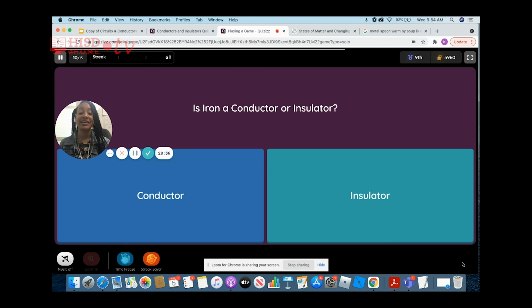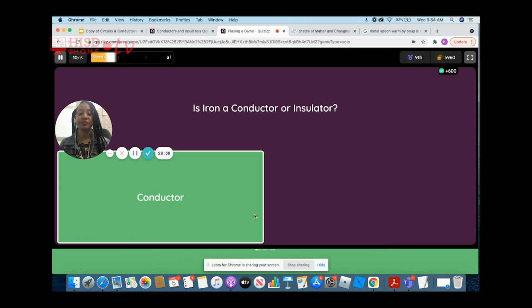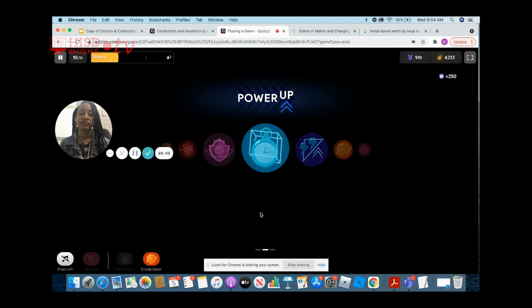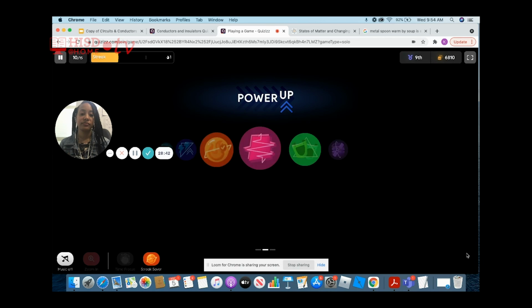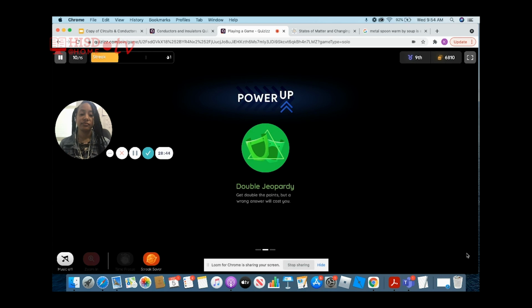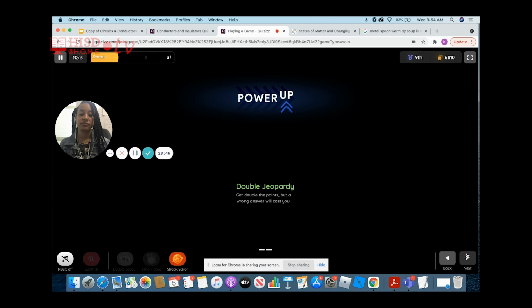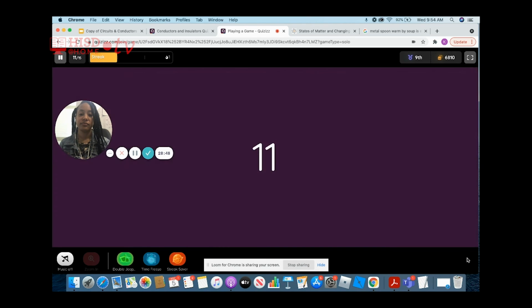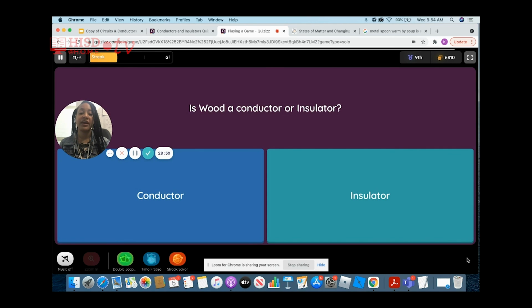Absolutely. Iron is a conductor. Is wood a conductor or is wood an insulator? Yes, wood is an insulator.